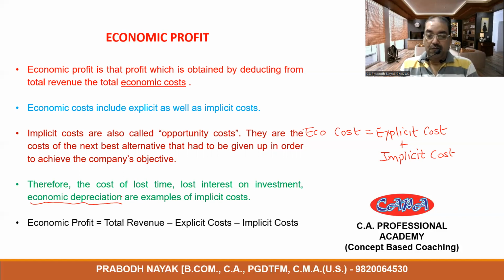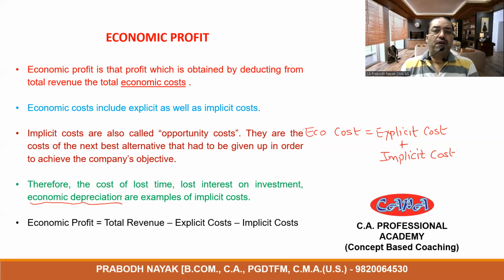Economic profit, therefore, is calculated as total revenue minus total cost. And my total economic cost is made up of explicit cost and implicit cost. So total revenue minus explicit cost minus implicit cost is equal to my economic profit. From the equations that we have for accounting profit and economic profit, we can come to a simple conclusion.